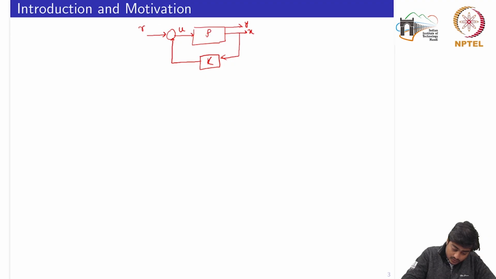So it was U is equal to R minus Kx. This is the control signal, and Kx is the control law.